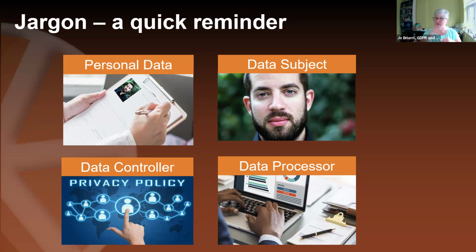The data processor, that could be you as a VA doing what your client tells you. In the VA world, you are a controller because you have your own business, but you're also a processor because you do what you're told by your client with regard to the data that they run in the business. Okay.